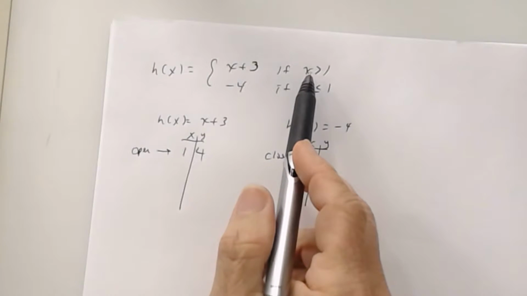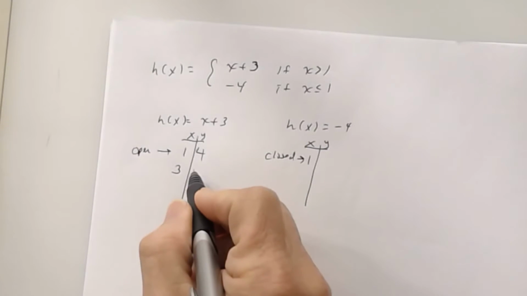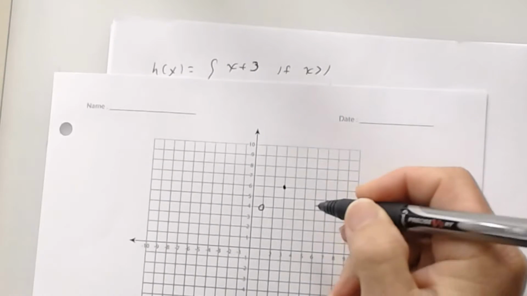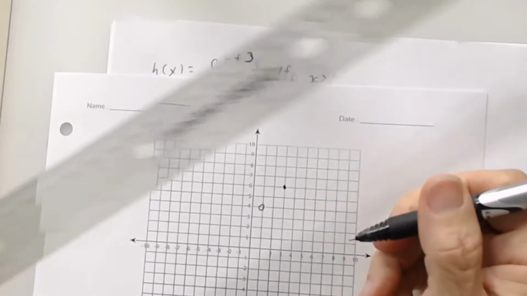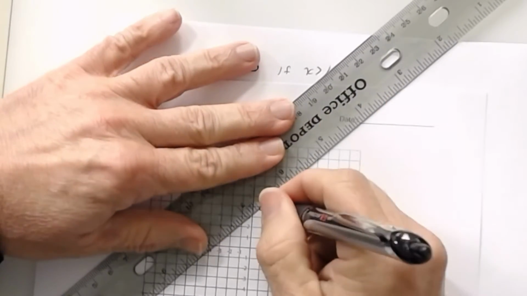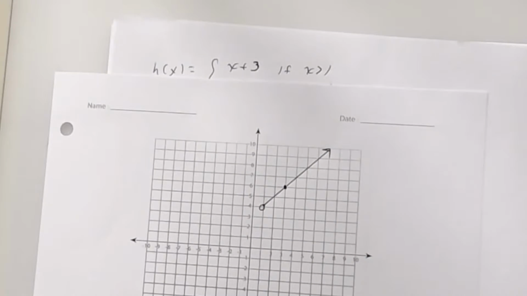I can choose any number greater than 1. If x is 3, 3 plus 3 is 6. So I plot the point (3, 6), closed circle, and then I draw my ray. All right, so there's that part of the graph.